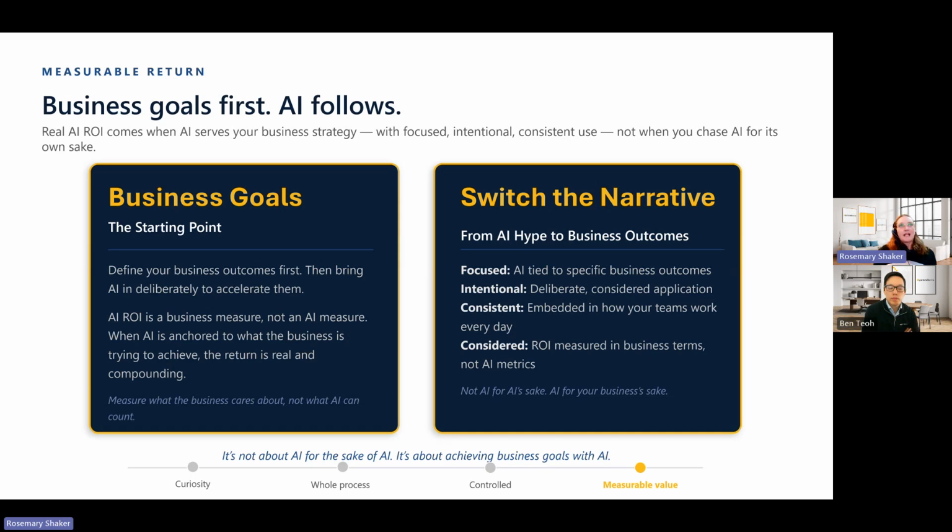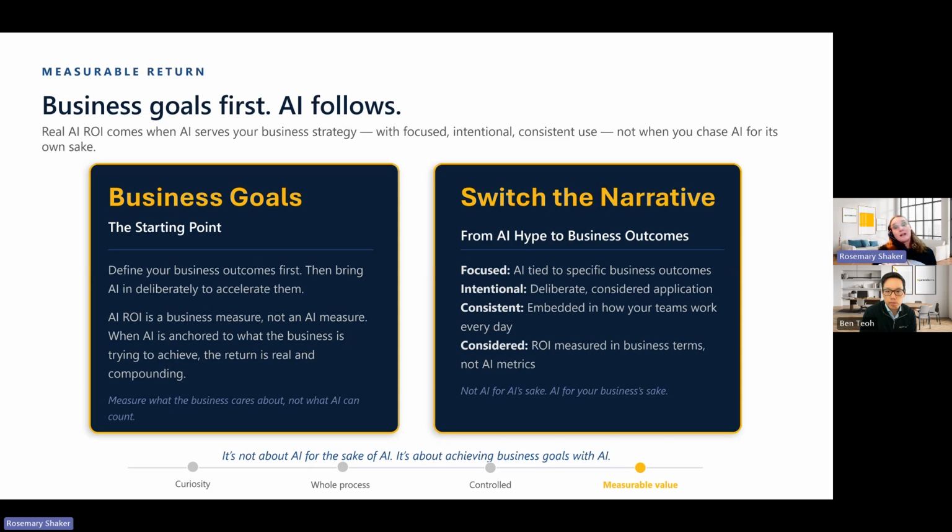So it's that switch of the narrative from the AI hype to focus on the business outcome, and have it focused on being really intentional and consistent and considered in the service of our business goals, not just what our AI goal was. This is a real switch in thinking, from asking what AI can do, to starting by asking what does the business need and how AI can help us get there.